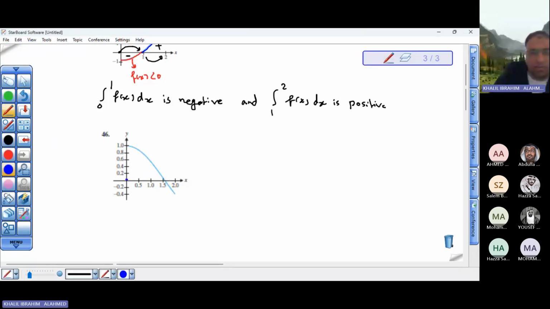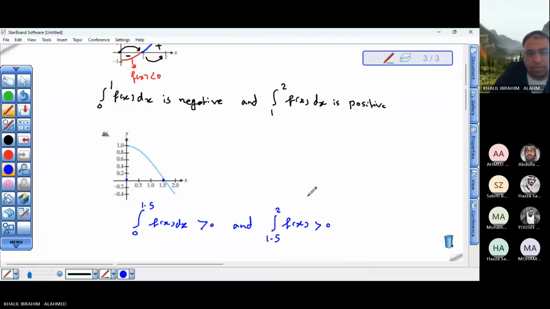So the integral from 0 to 1.5 of f of x dx is more than 0, and the integral from 1.5 to 2 of f of x dx is less than 0. Exactly, that's it.